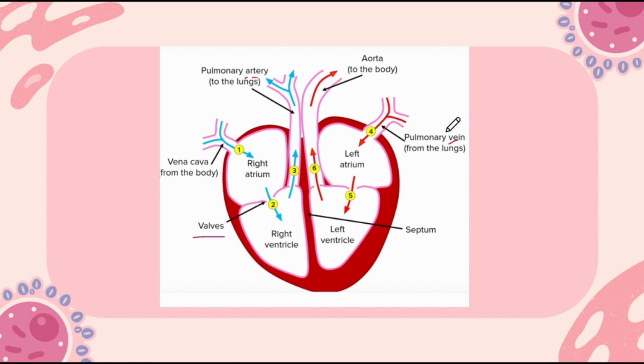The pulmonary vein contains oxygenated blood which is returned from the lungs. Then the oxygenated blood enters the left atrium. The left atrium gets filled up with blood and the pressure inside the left atrium increases. Then the bicuspid valve opens. When the valve opens, the blood enters the left ventricle. The pressure inside the left ventricle increases.